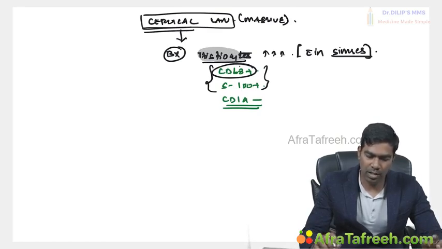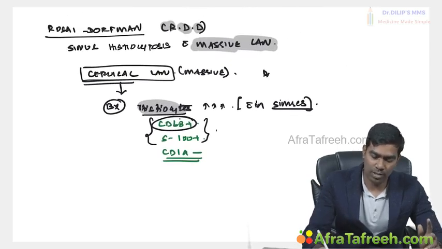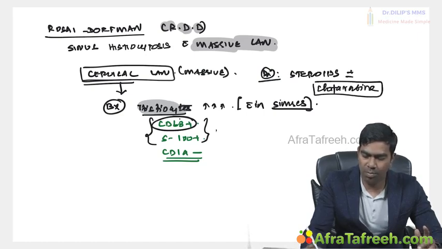The next thing to know is the treatment of Rosai-Dorfman disease. Treatment is typically steroids to reduce the proliferation of the histiocytes, plus or minus you can add something called clofarabine. In very rare instances, it can involve the bone and the orbit.